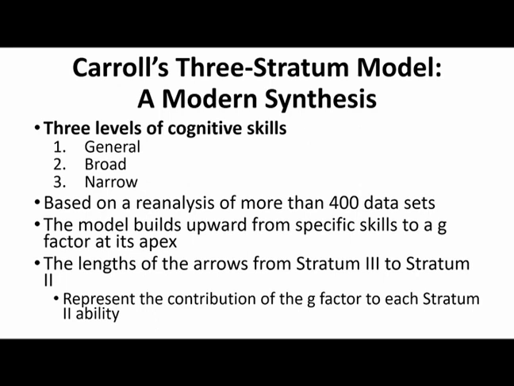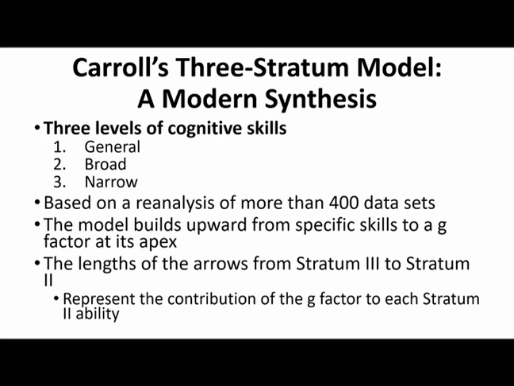And so he decided to take a step back, look at all of the research that had been conducted, and try and synthesize all of that research down into a more cohesive model. So he decided to use factor analysis to look at 460 different data sets.